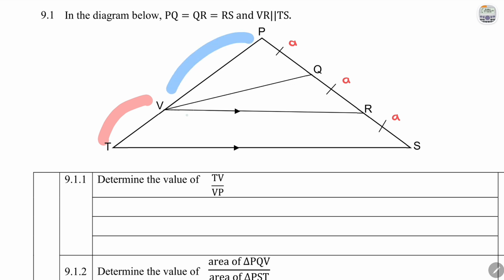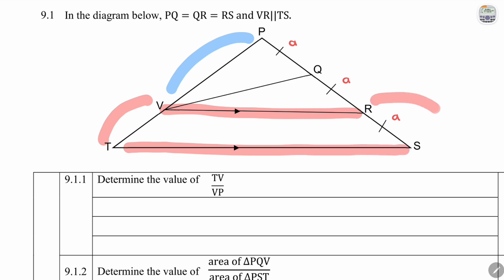Using the proportionality theorem, because we have a line parallel to one side of the triangle, we're going to pair it with the side that it is in proportion with. So that's going to be RS over PR, and you see how PR is made of two sets of A's added together.